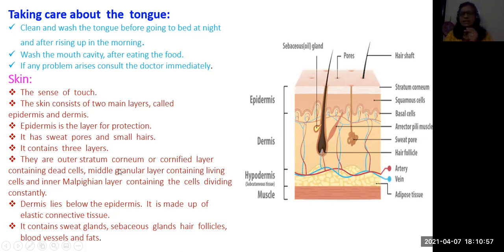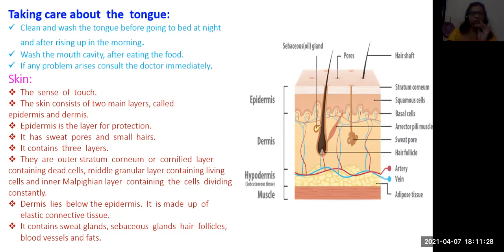It consists of dead cells. When you do hard work, the outer layer of the palm will come off. Why does this outer skin come out? Because of rough activity, the upper cells get dead, so these layers will come out.